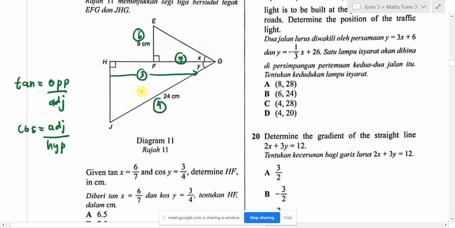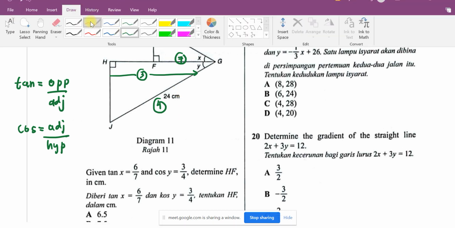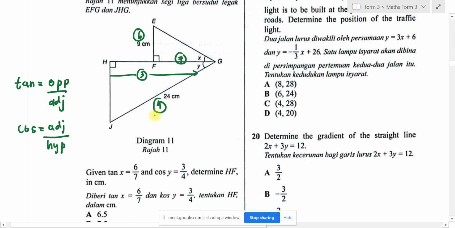So from here we know, okay, determine the HF. Okay, very simple now. Listen. We settle this one first. Cos y, it is given that cos y is 3/4. Cos is what? Adjacent over hypotenuse, right? So when they give it like this, it is not 3 cm over 4 cm. It might be simplified, right? So that's why I just write a ratio and I circle it.